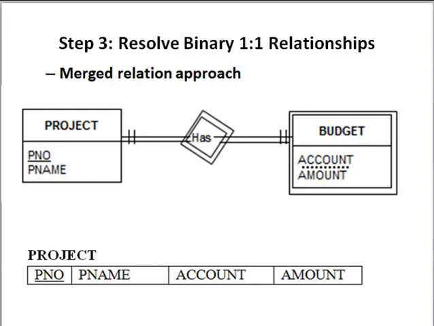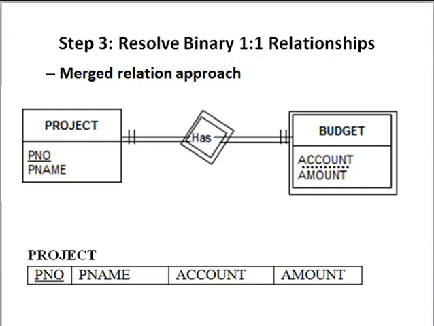There we go. So here we have what's known as the merge relation approach. In this case, let's suppose we have a one-to-one relationship, as we have here, project and budget. In step 1, we created the project entity.